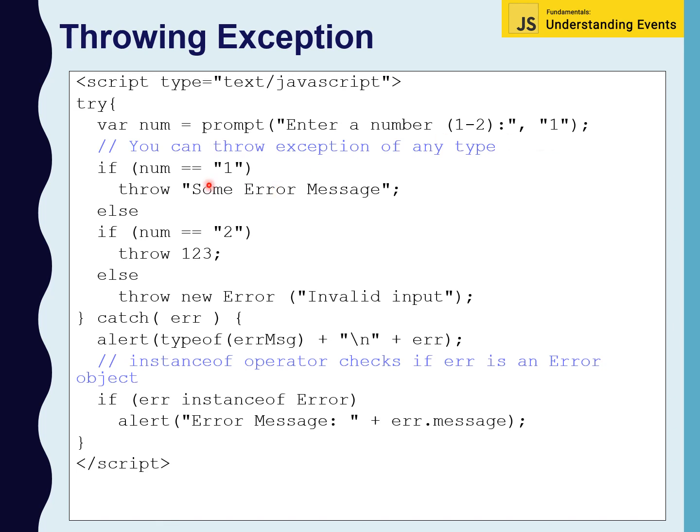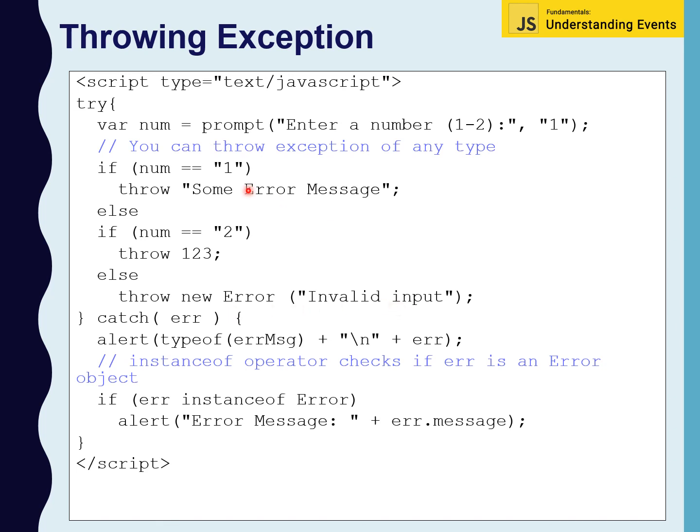If num is equal to 1, throw some error message. If the user specified value is 1, it throws some error message. Else if num is equal to 2, it throws 1, 2, 3. Else throw new Error invalid input.